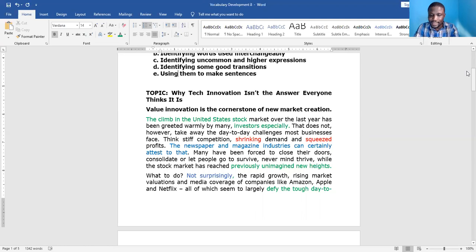You can see that I have highlighted some words in green, some in red, some in blue. The ones in green are the uncommon expressions, not the everyday expressions people use in conveying their messages. The ones in red are words that can be used interchangeably.